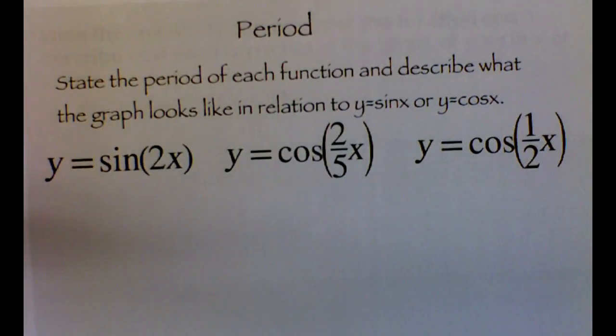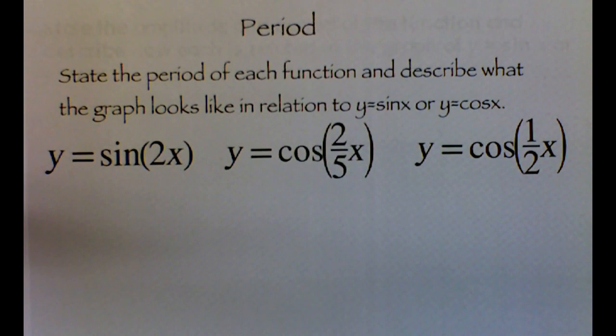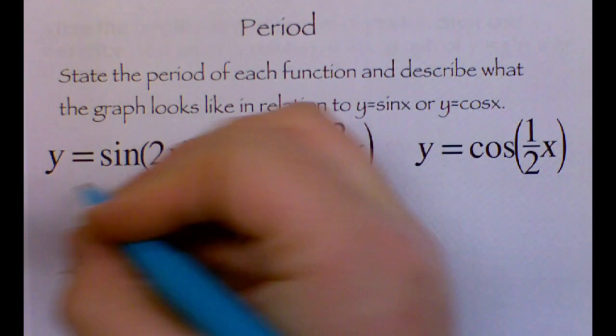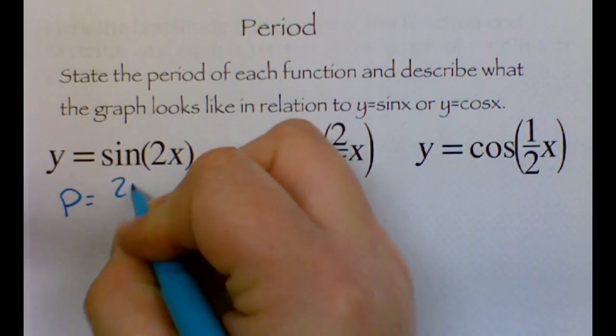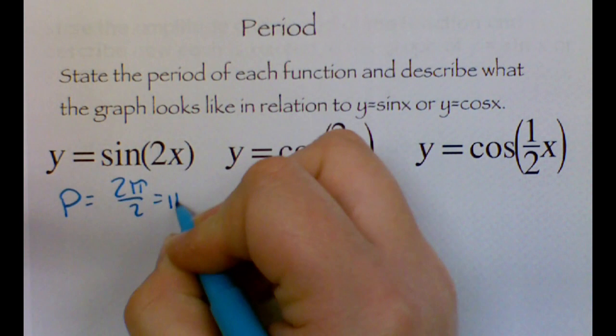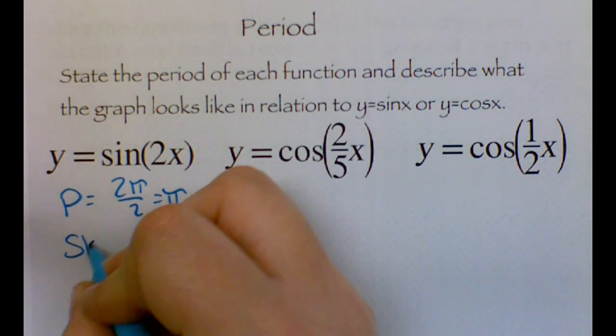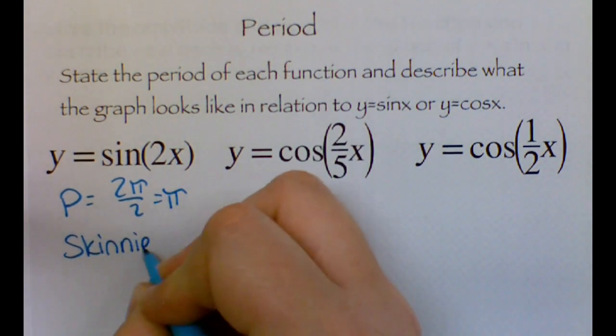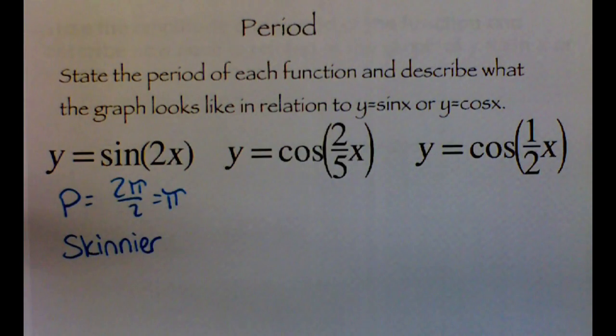For periods, we're going to state the period and describe what that means in relation to regular sine or cosine. For this first one, the period is 2 pi over 2, which is just pi. This one is skinnier than regular sine because it repeats more often.